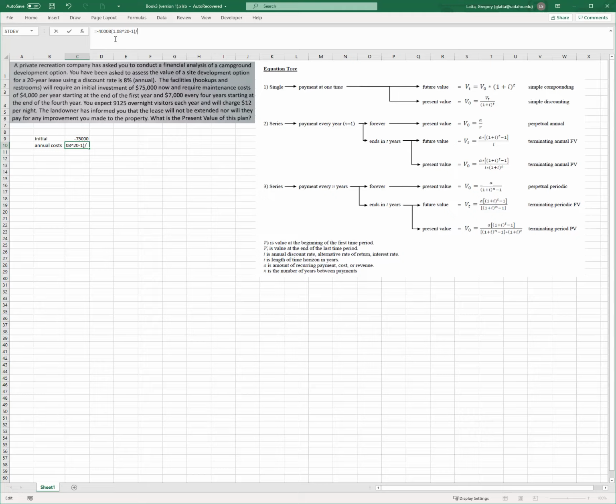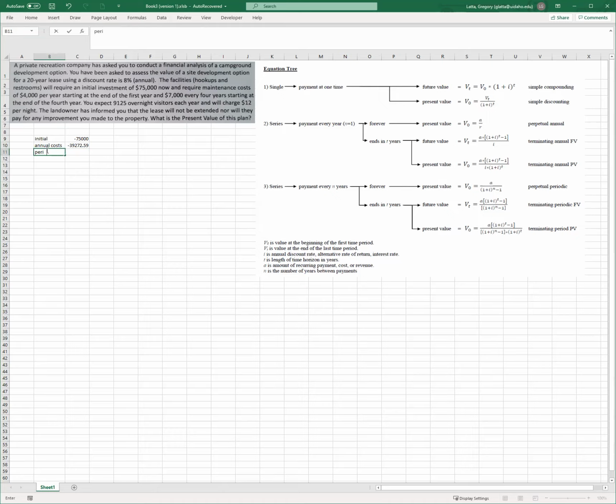Close that up, open this up, 0.08 on the bottom, that's my i, times 1.08 to the 20. Close the brackets there, you can see them in red, close it again, and I've got all this stuff on the bottom isolated. I can see already that I made a mistake with the 8. That should be a multiplication, and that's my equation. So when I hit enter, I get my 39,272, which is what we wanted to get.